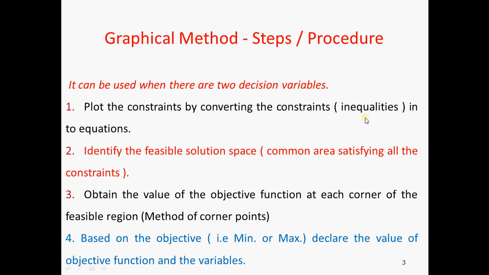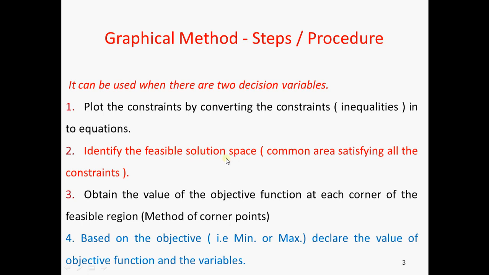Then you obtain the coordinates, assuming x1 as 0 once and x2 as 0 once. You will get a pair of coordinates and you have to plot that constraint. Like that, if you have 2 or 3 constraints, you have to plot all of them. That is step 1.